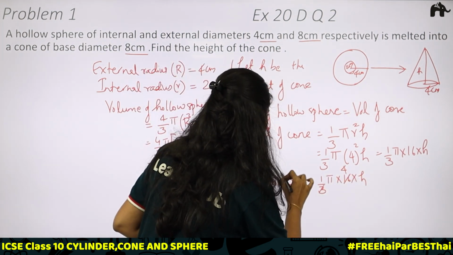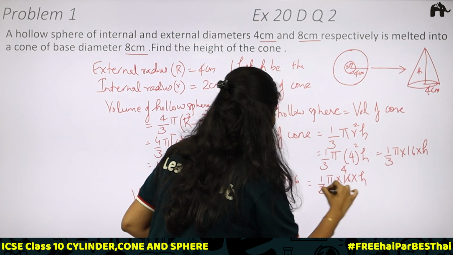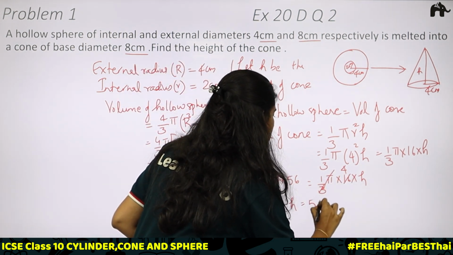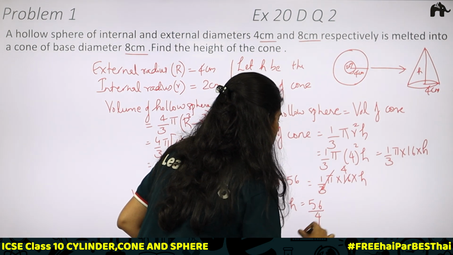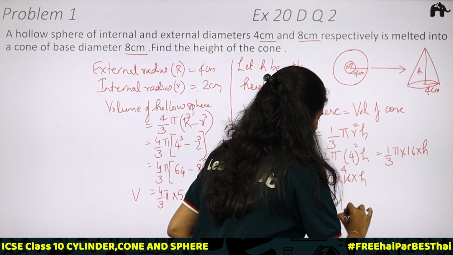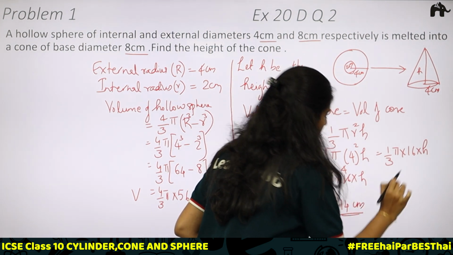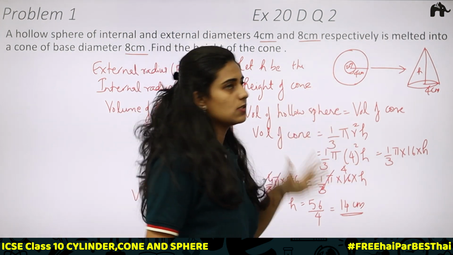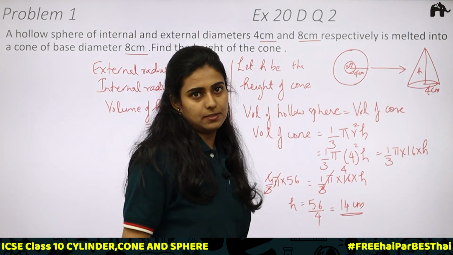Pi and pi get cancelled. H is equal to 56 divided by 4, which is 14. 14 centimeters is the required height of the cone which is formed when a hollow sphere is melted.